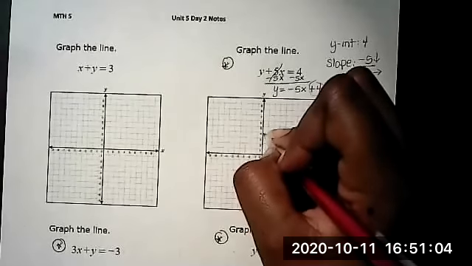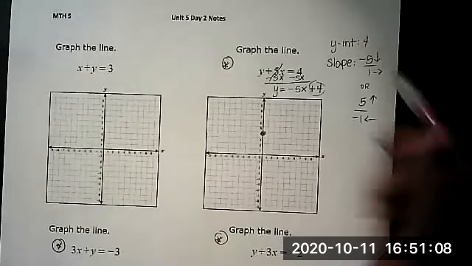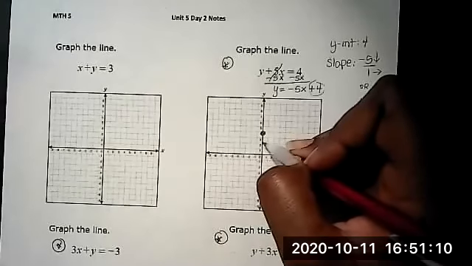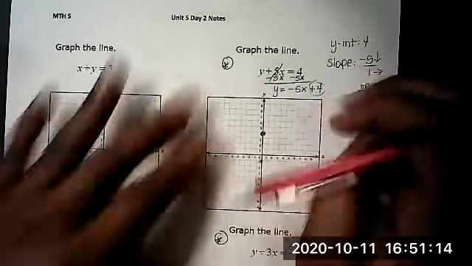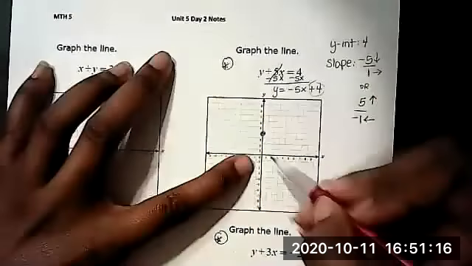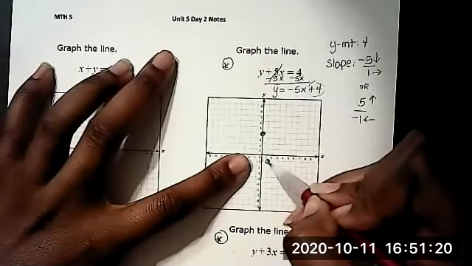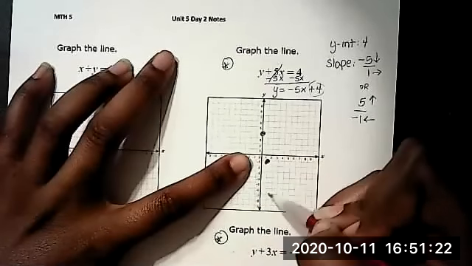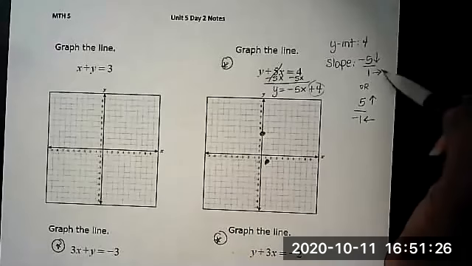Go up 4, put a dot there. Now I'm going down 5, 1, 2, 3, 4, 5. I'm gonna put that there. And right 1, dot goes here. And we can do it again if we wanted to, and again, because slope is constant.